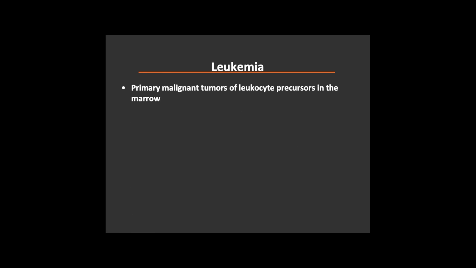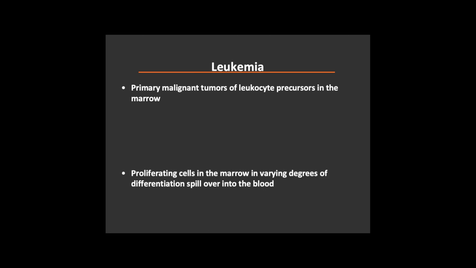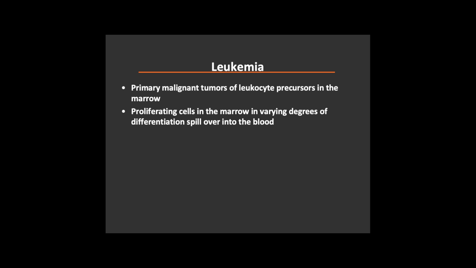So leukemia is a primary malignant tumor of leukocyte origin in the marrow, and proliferating cells in the marrow in varying degrees of differentiation spill over into the blood. So we see these immature blast cells also in the blood.